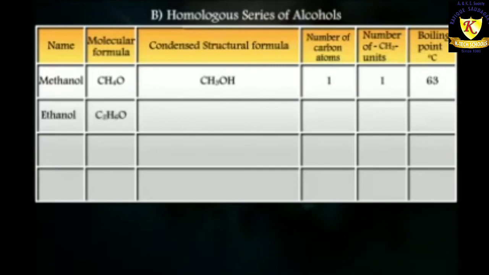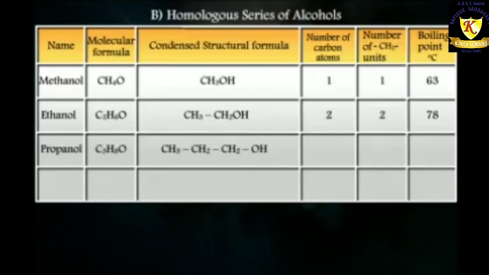Ethanol, C2H6O, CH3CH2OH. Number of carbon atoms 2. CH2 units 2 and boiling point 78. Propanol, C3H8O, CH3CH2CH2OH. Number of carbon atoms we have here is 3.